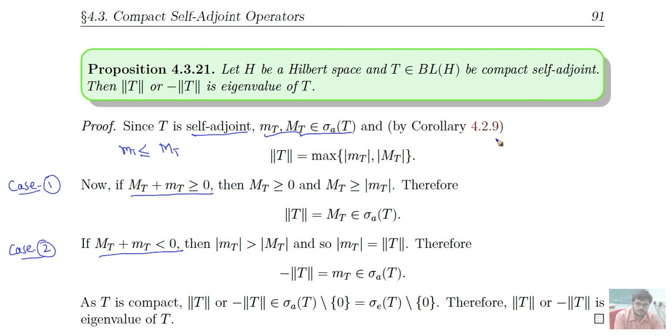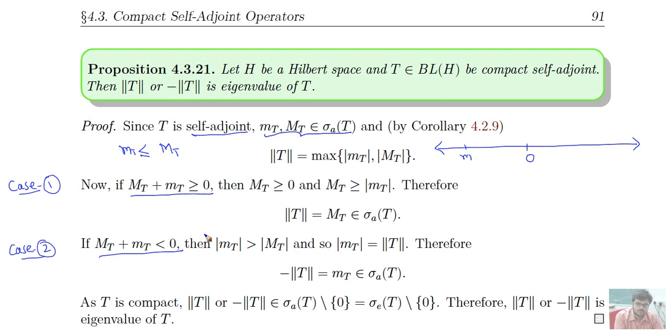Why both cannot be negative? Let me show you by drawing a picture on the real line. Suppose this is 0. If both are negative, of course this is the infimum, so m(T) is less than or equal to M(T). So suppose m(T) is here somewhere, so this is negative, capital M(T) is also here, so both are negative, the sum is also negative, so it comes in the other case, which is not the case.